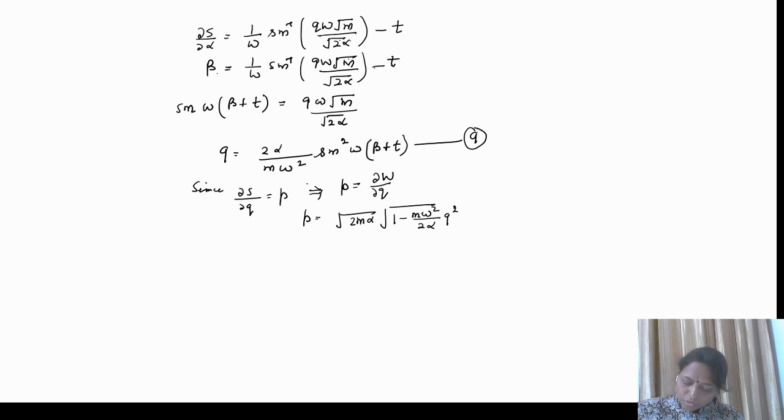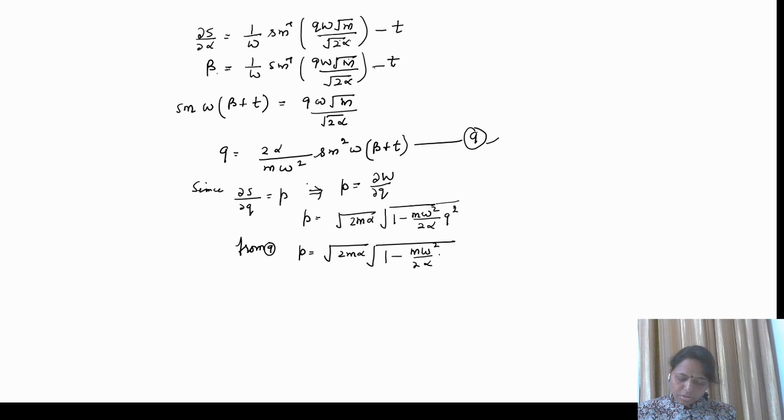So use the value of Q from 9. From 9, P is equal to twice m alpha times m omega square upon 2 alpha, and in place of Q square I may put the value of Q square, twice alpha upon m omega square, sine square omega beta plus t.